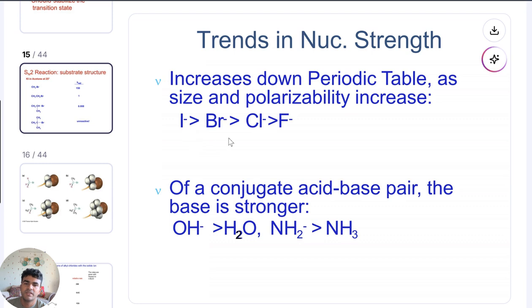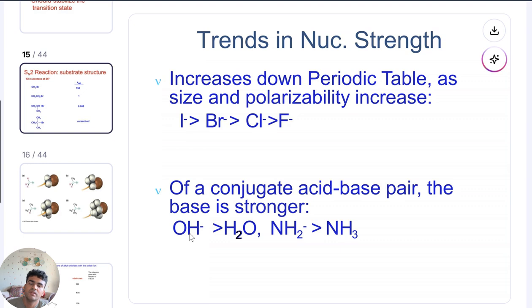So the nucleophilicity trend is that iodide is more than bromide, then chloride, then fluoride. And in the second case, the conjugate base is more nucleophilic than its corresponding acid. The conjugate base is more nucleophilic because the electron density of OH minus is very high compared to H2O.